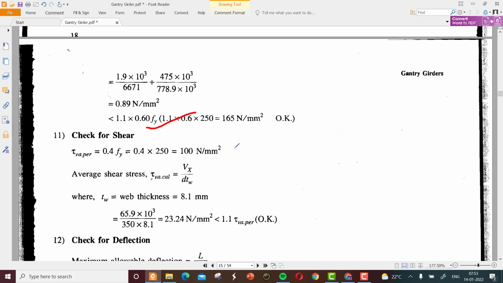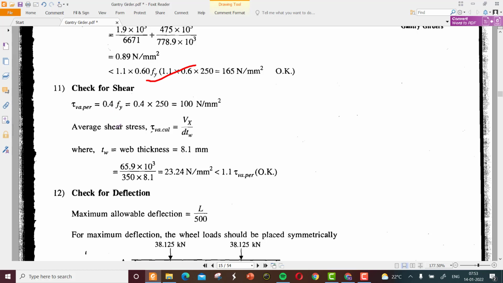Next is the check on shear. The average shear stress is given by 65.9 into 10 power 3 divided by the cross section area, and the value should be less than 1.1 times 0.44 into Fy as per IS 800.